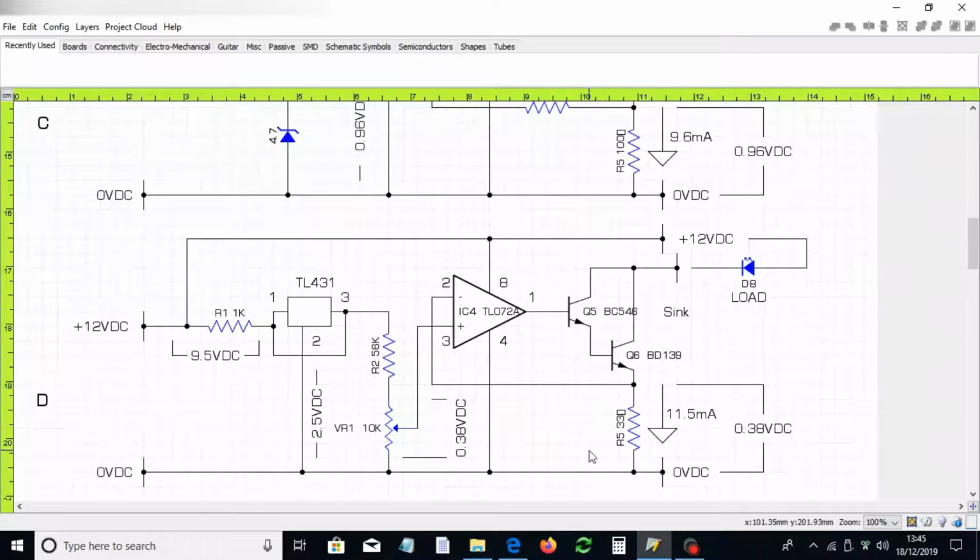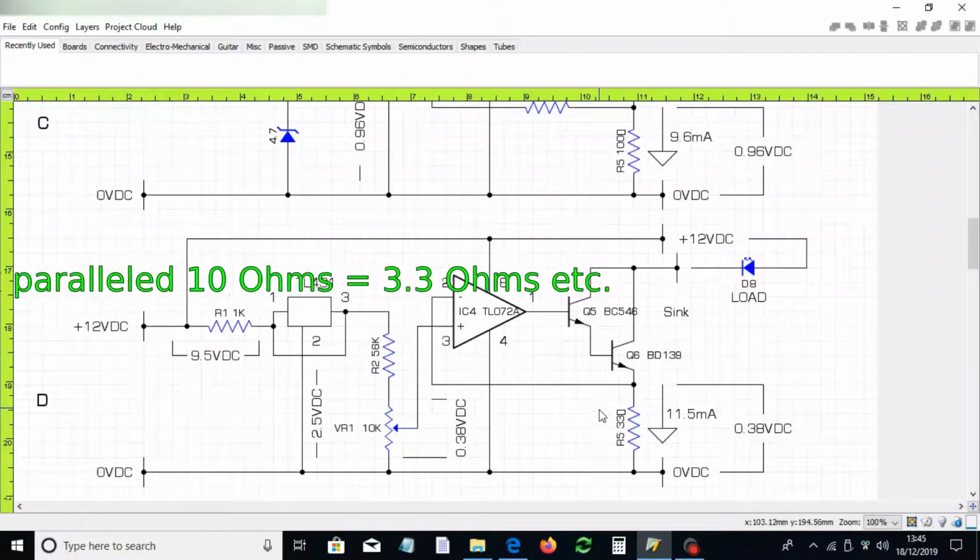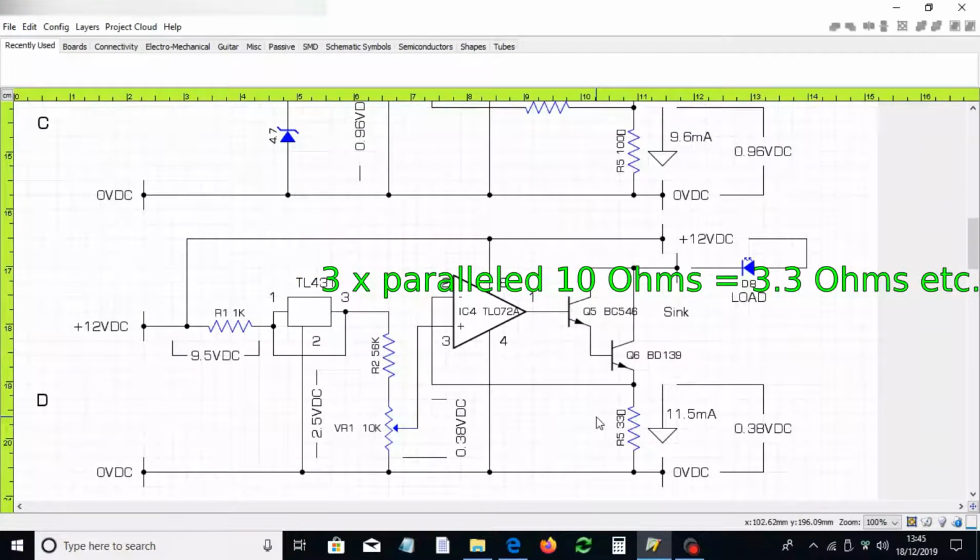And you can range select that resistor here to 3.3 ohms or 330 ohms or 3.3k perhaps, or 0.33 of an ohm. Those can be derived by paralleling 10 ohm resistors or 1 ohm resistors, etc., to obtain the 3.3 number.